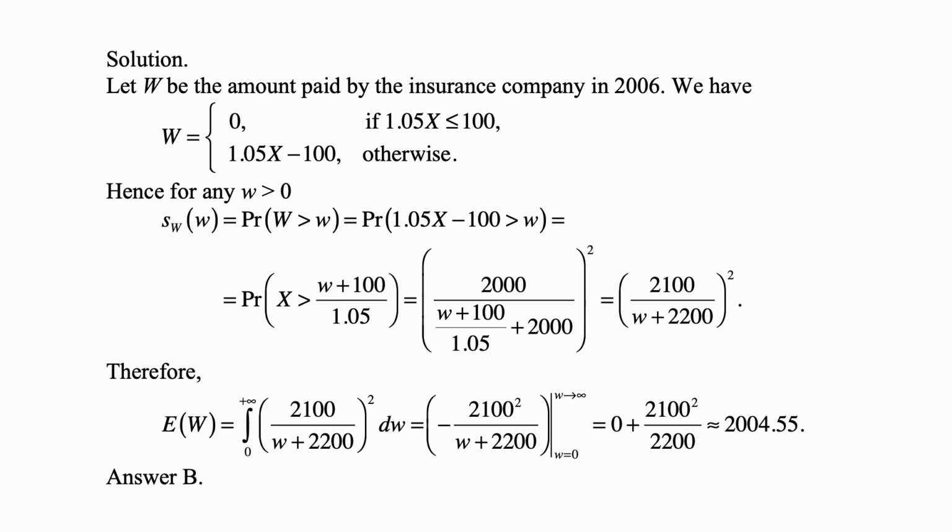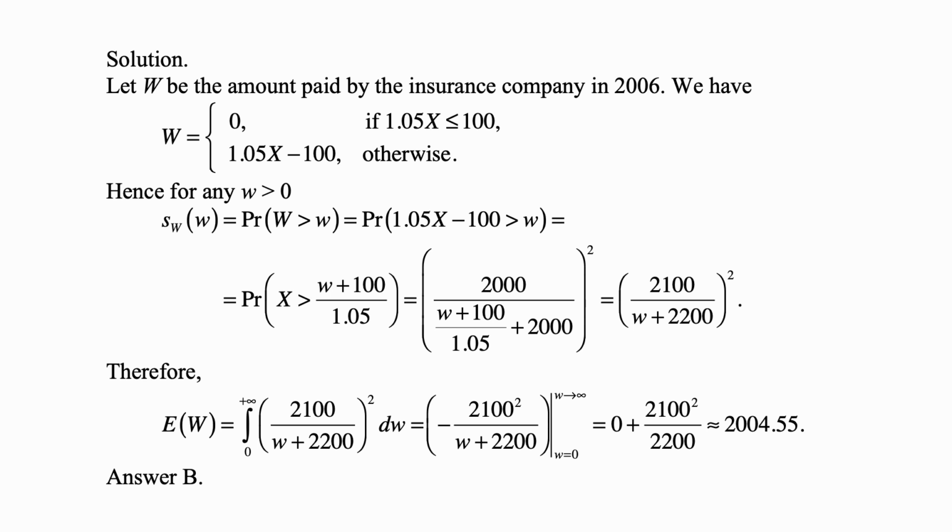And of course, the expected value is the integral of the survival function from 0 to plus infinity, the integral of 2100 over (w plus 2200) squared dw. Well, that's equal to minus 2100 squared. That's what we get when we square 2100 as a constant number. And so this function we're integrating is really 2100 squared times 1 over (w plus 2200) squared.